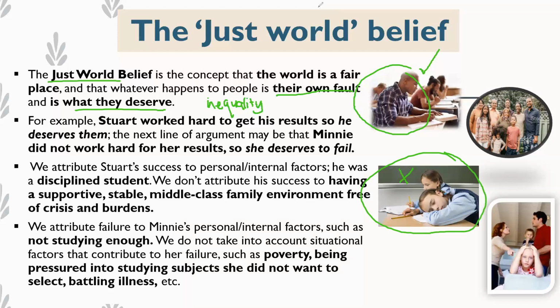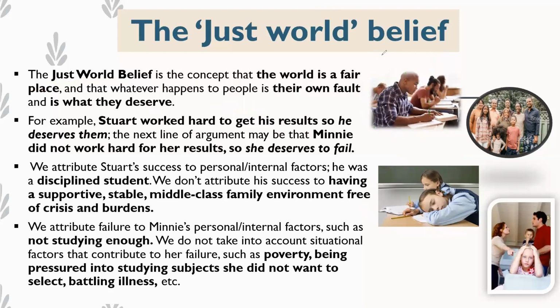The just world belief operates on this idea that the world is a fair place, but we know that the world is often not a fair place, and that is exacerbated by the presence of very subtle and sometimes very obvious inequalities across people. So that is the just world belief.